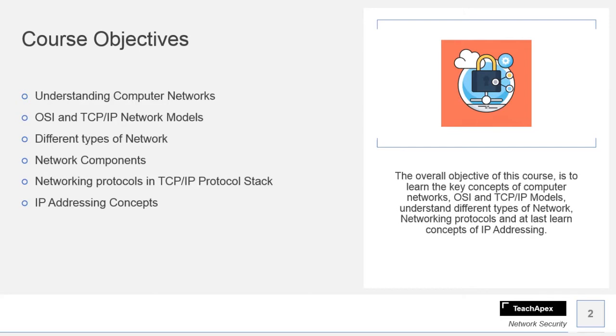Then we will be discussing networking components such as a NIC, switch, cable, hub, router, etc. Right? Networking protocols, and at last we will be discussing IP addressing concepts. So without wasting our time, let's begin with our first topic, understanding computer networks.